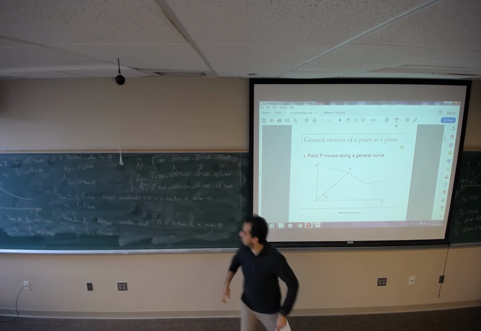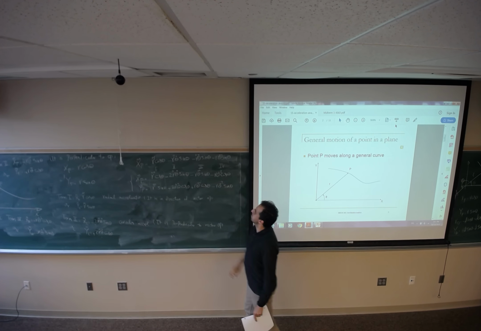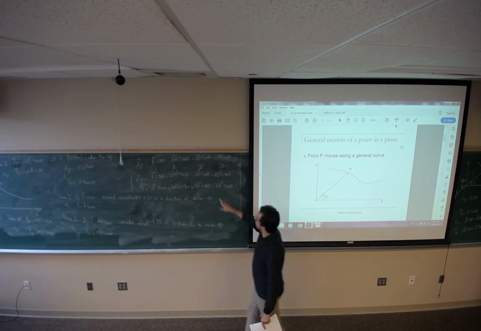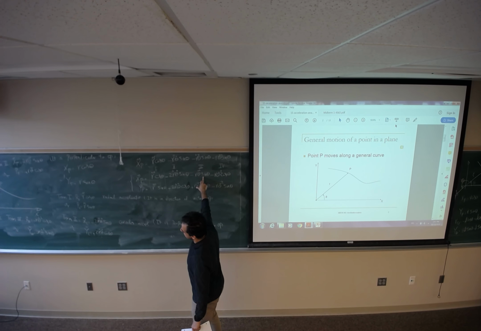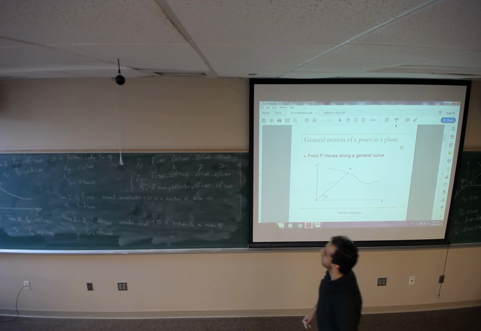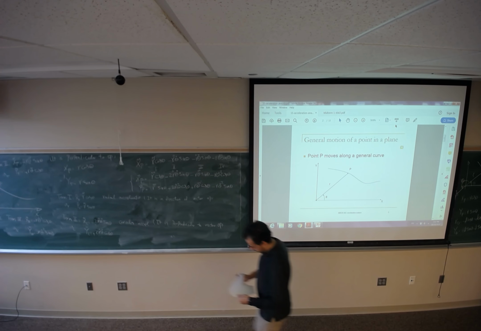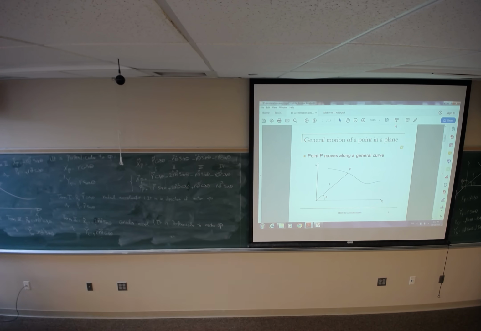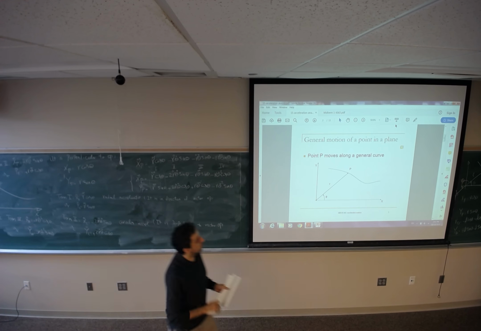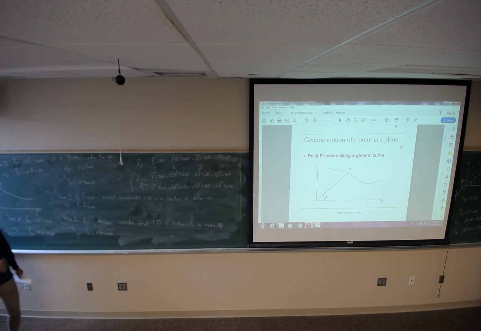So the total acceleration is the summation of radial, tangential and normal. These are all the terms of the acceleration that you may see in the motion of a point.